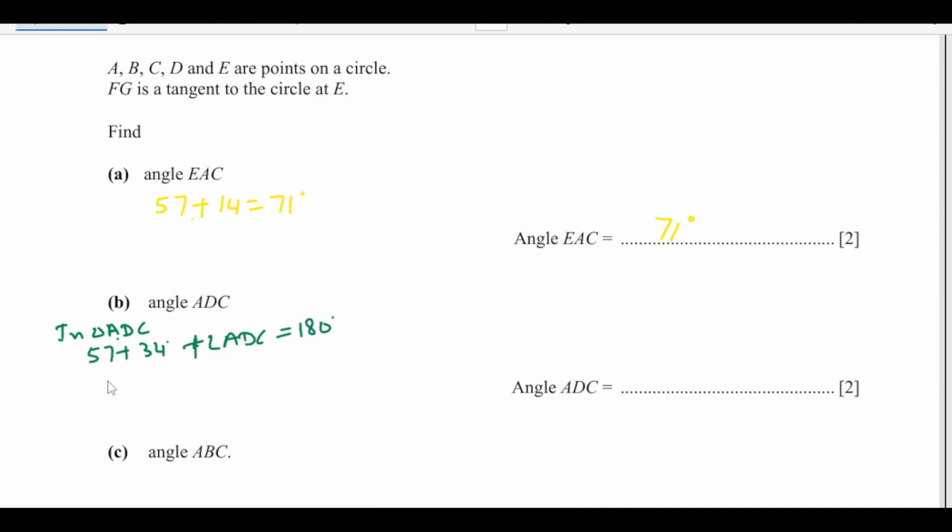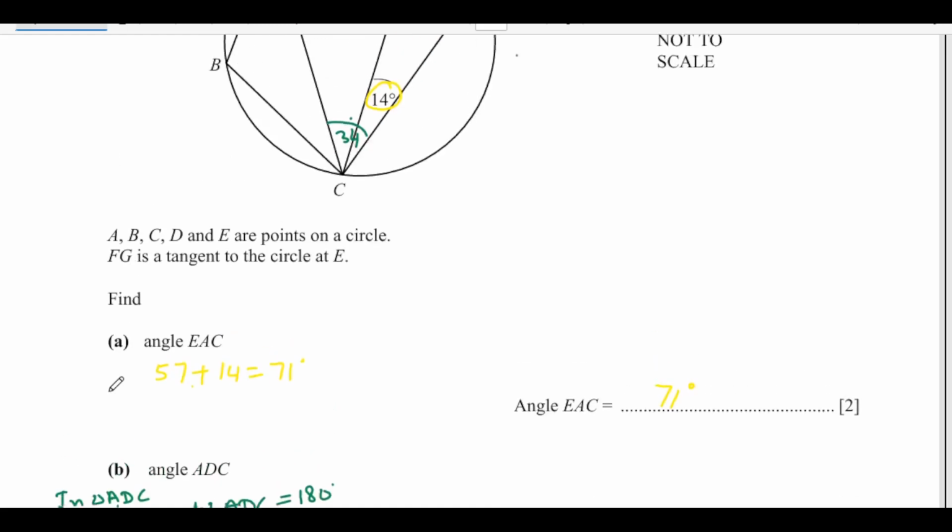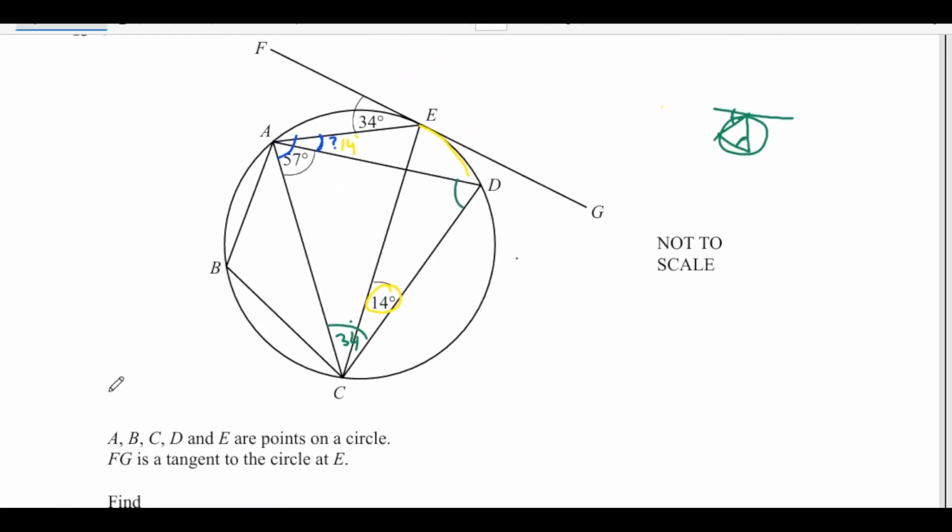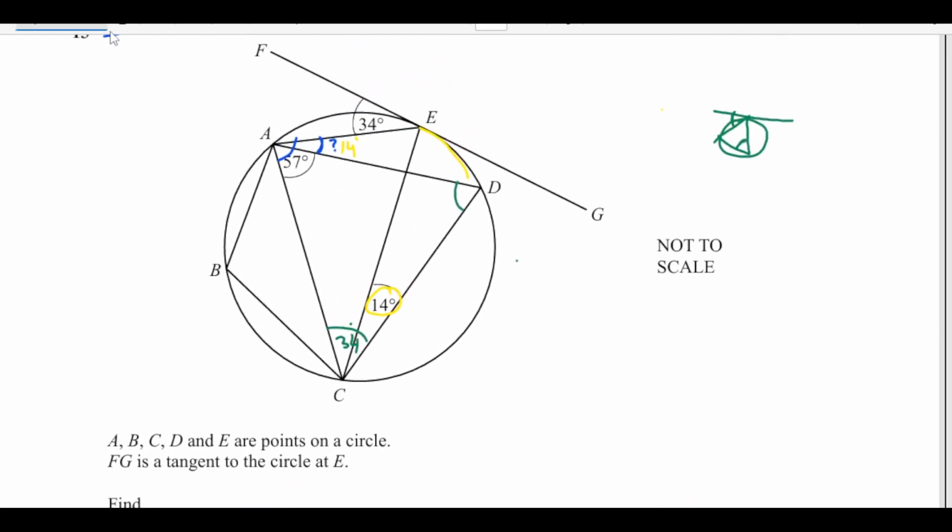So this comes out to be, wait a minute, okay, sorry, this angle is not 34 here.